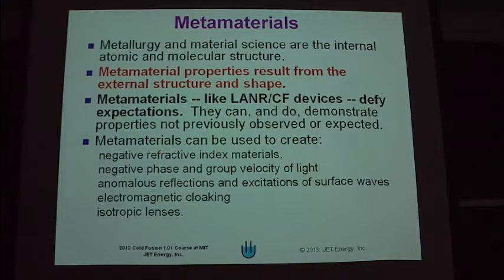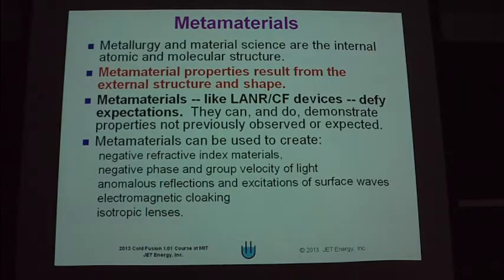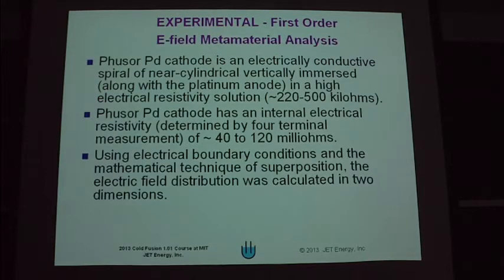So for example, in optics, you can make negative refractive index materials, negative group velocity, anomalous reflections, cloaking, all kinds of things that you couldn't make if you didn't change the shape. So we wondered, are we doing that with the fusor?